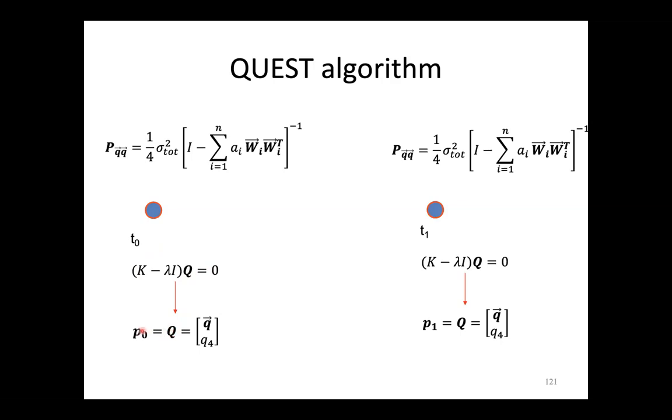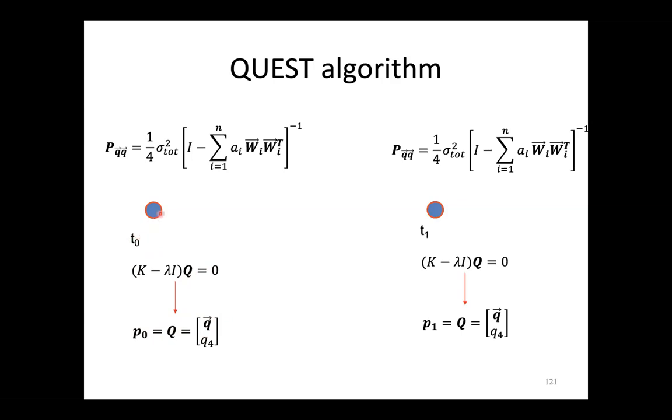I wrote here that the quaternion Q is also going to be called P0, where P0 will only be the vector part of the quaternion. So P0 will be equal to this quaternion Q computed at the time T0 with the Quest algorithm.